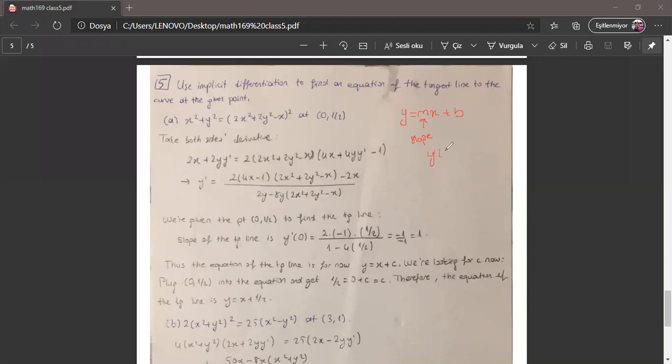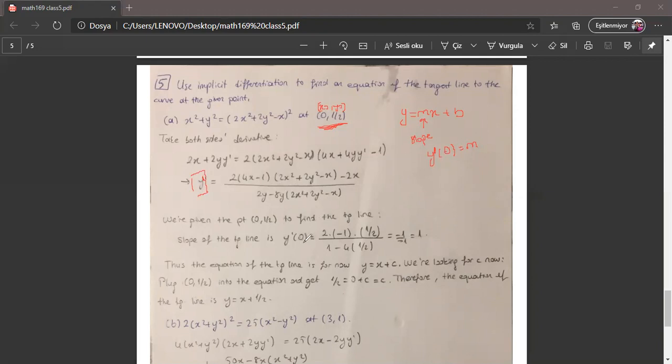We find it with this rule, as we wanted the equation at this point. So here we have x0, y0. Okay, so y prime at 0 gives you the slope. Okay, so for y prime, we will find the slope.